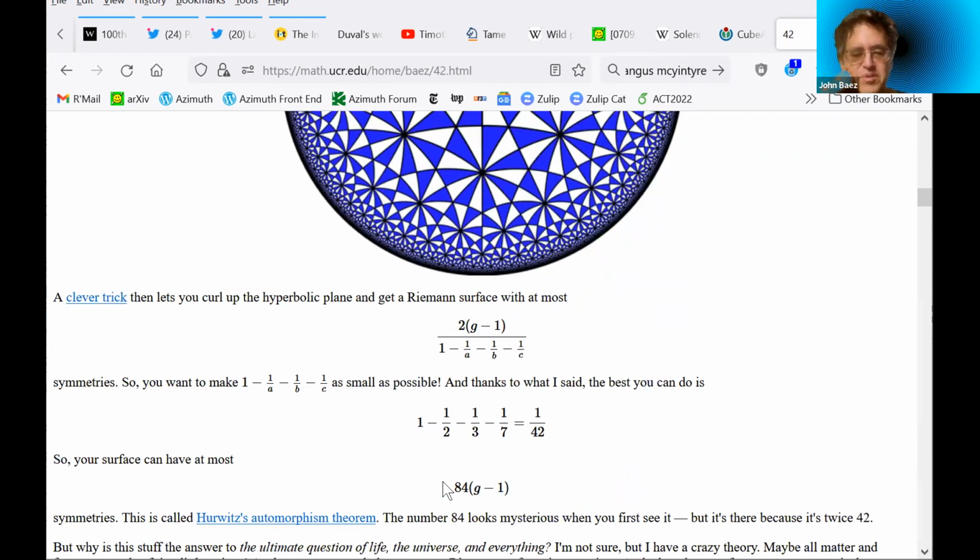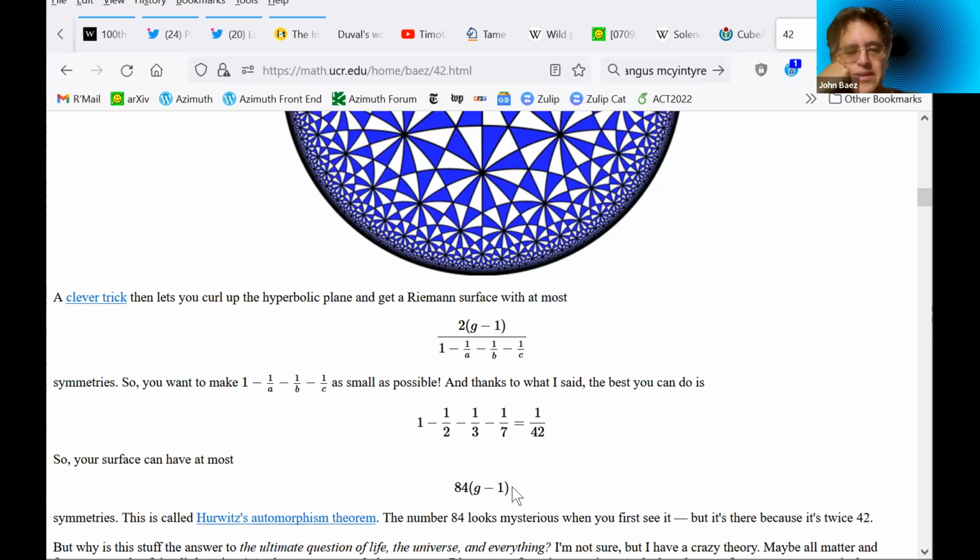theorem. It puts an upper bound on the number of symmetries that a surface can have, which is 84 times its genus minus 1. And I wrote this webpage about the proof of that.